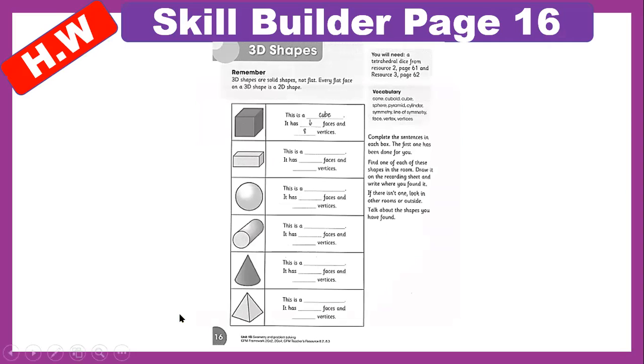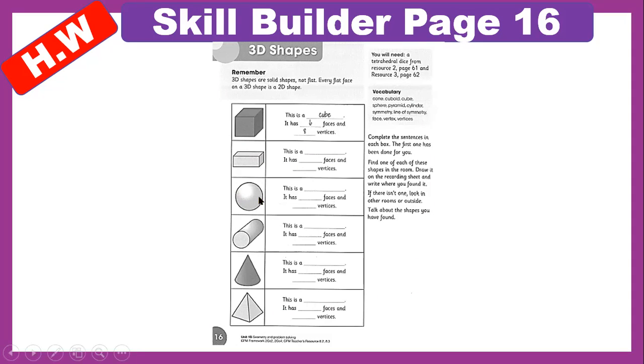This is the exercise on Skill Builder, page 16. You have to check the name. This is the cuboid. How many faces? It looks like the cuboid. This is the rectangle, but it's the same as a cube. The cube looks like a square. It looks like a rectangle. So six faces and eight vertices. How many faces of this sphere?